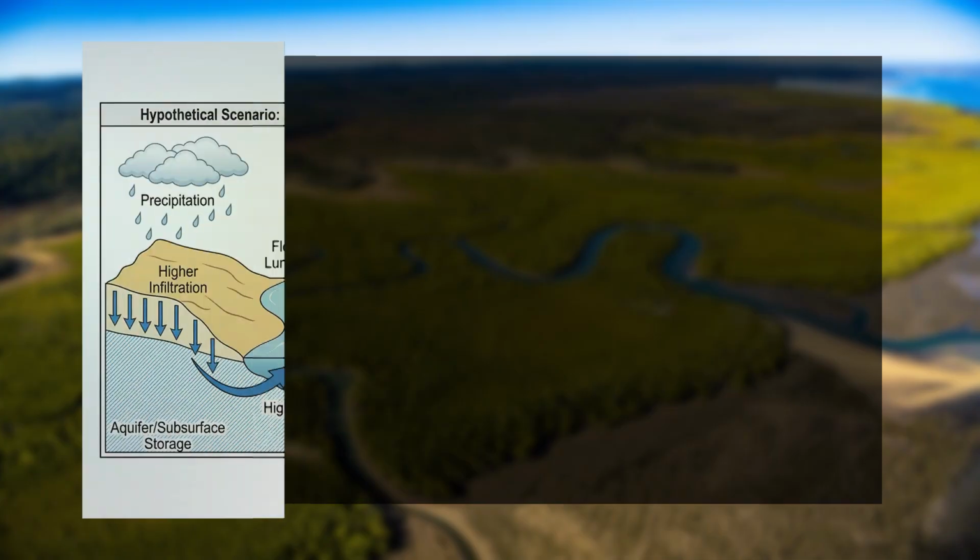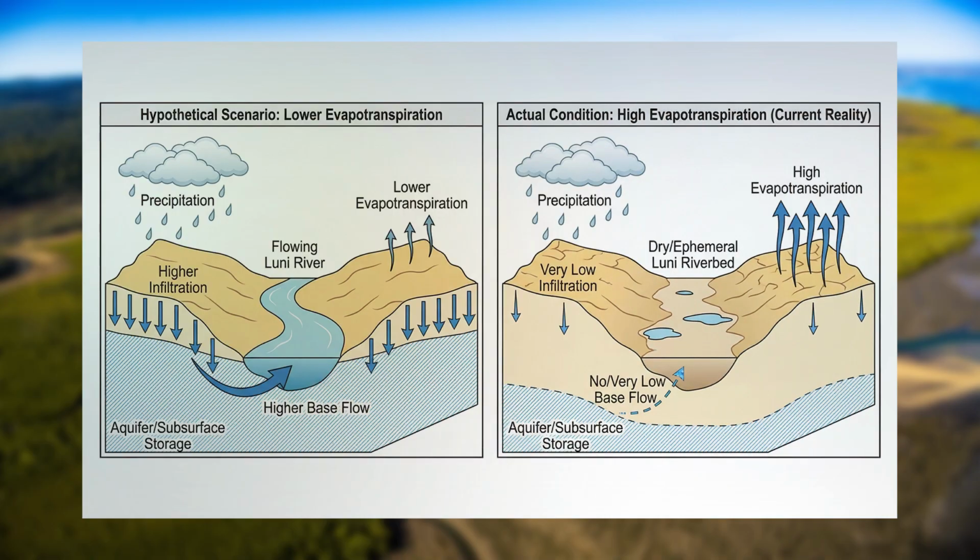On the other hand, high intensity storms which are common during the Indian summer monsoon exceed the infiltration capacity and cause high runoff, low recharge and low base flow. Very high evapotranspiration like in Rajasthan causes no or very low base flow in the rivers like Luni.